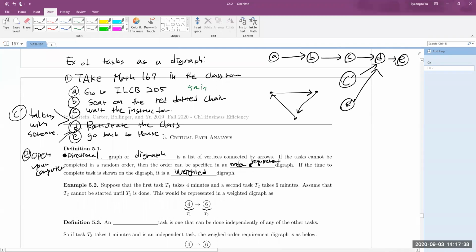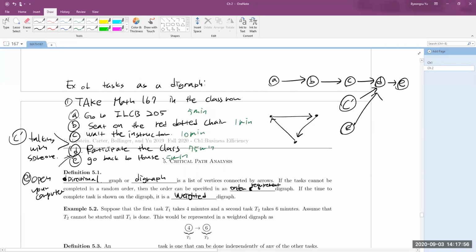And from this classroom to sit on some chair, you can take 1 minute maybe. And waiting for the instructor is maybe 10 minutes. And participating in class is just 75 minutes. And going back to your house takes 5 minutes. So you can put those kinds of weights on the graph, right? 5, 1, 10, 75, and something like that.